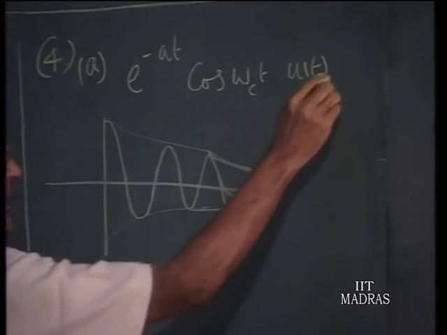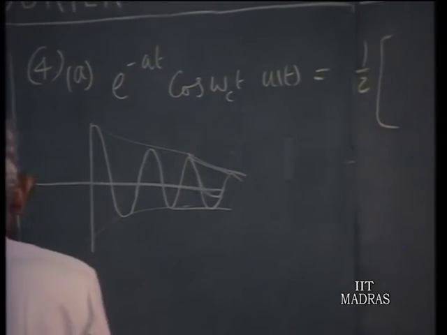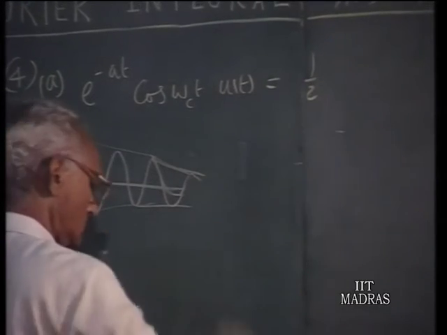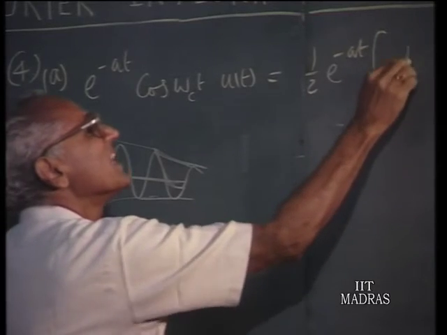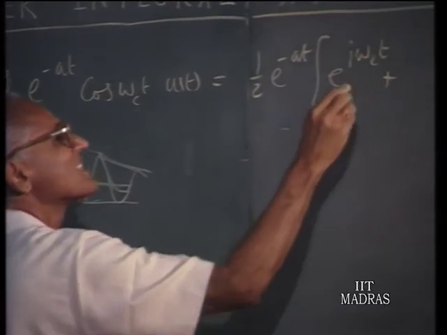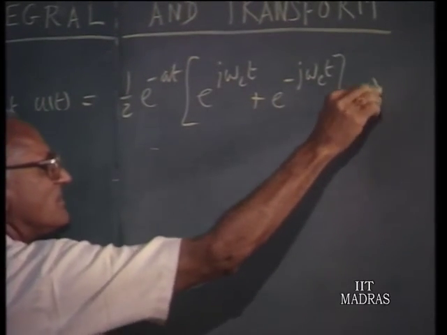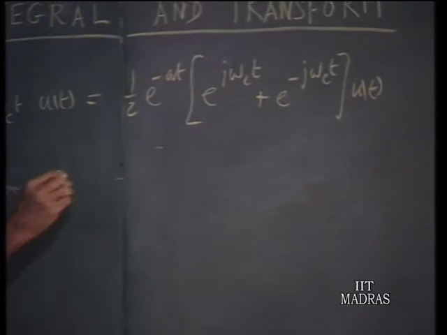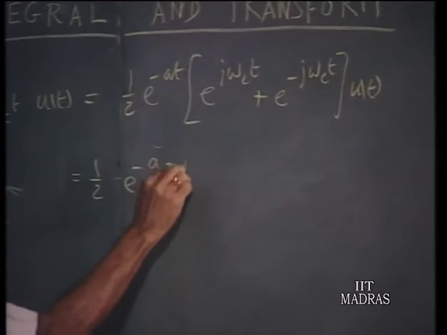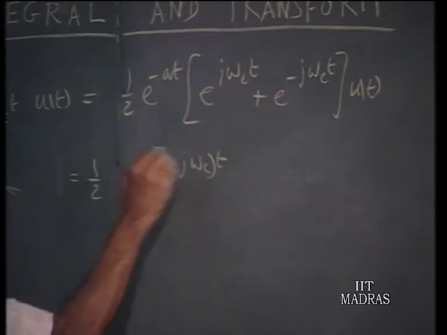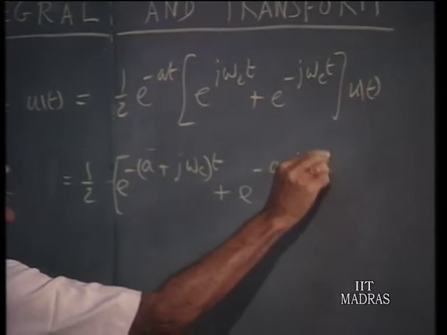Now, this can be written as 1/2 of e to the power of minus a t e to the power of j omega c t plus e to the power of minus j omega c t, u t, which is 1/2 of e to the power of minus a plus j omega c t plus e to the power of minus a minus j omega c t.